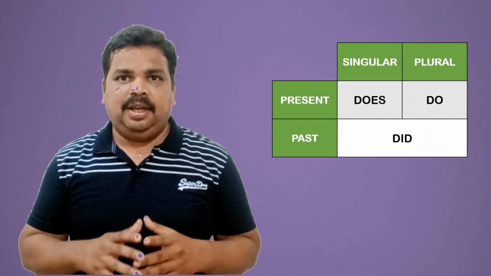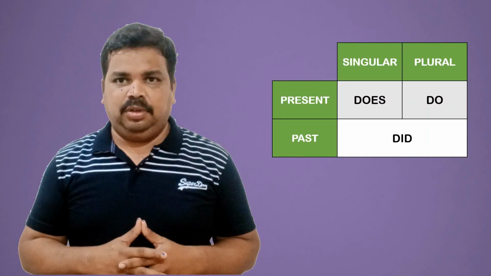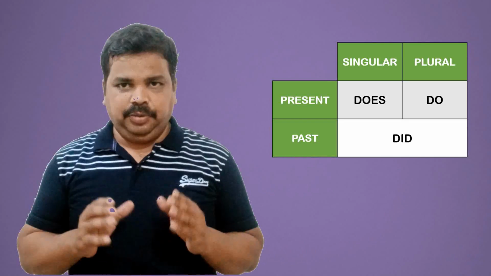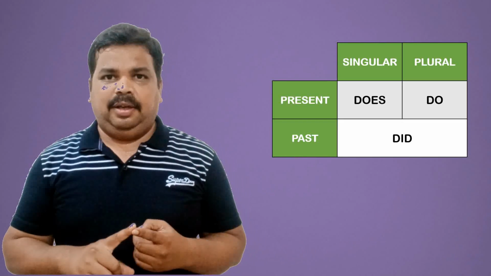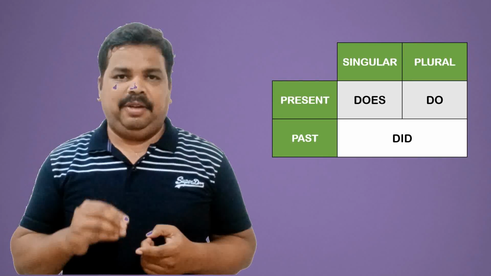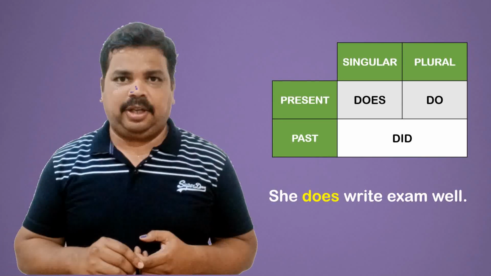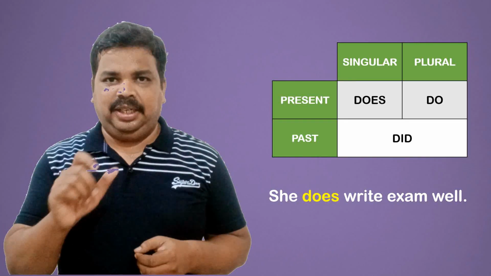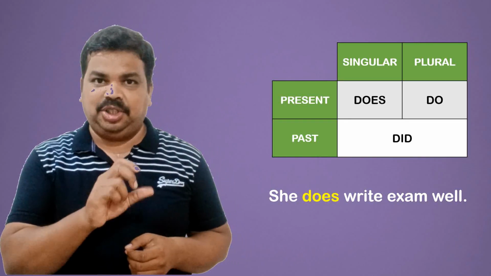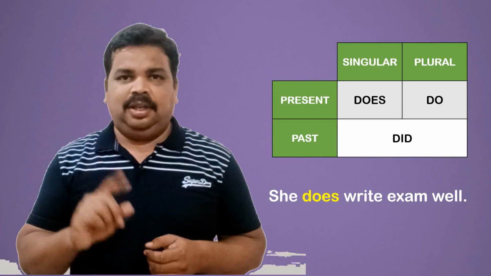And again, where do we use do, does and did? It's simple, as in group 1 or group 2. When we have a singular doer, one doer, we use the word does. She does write the example, because she is the singular doer.